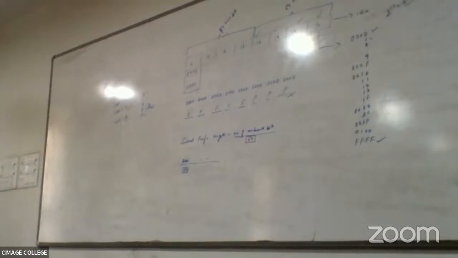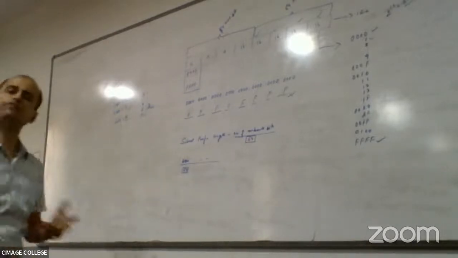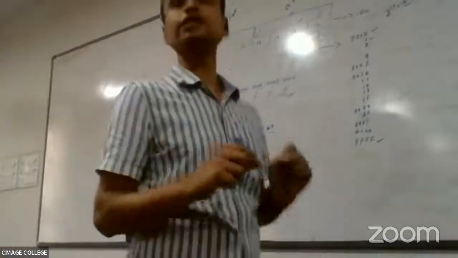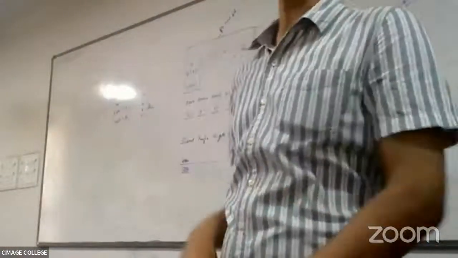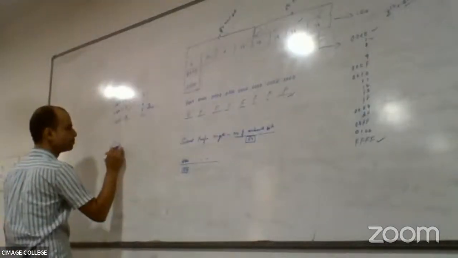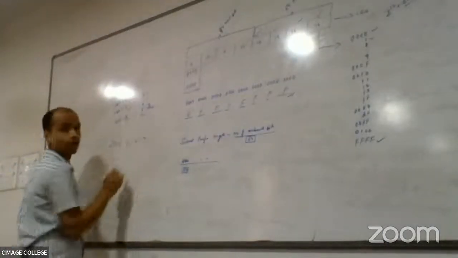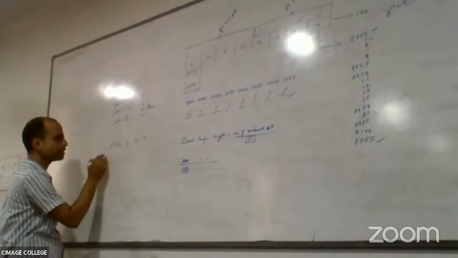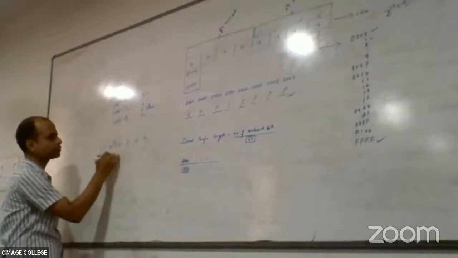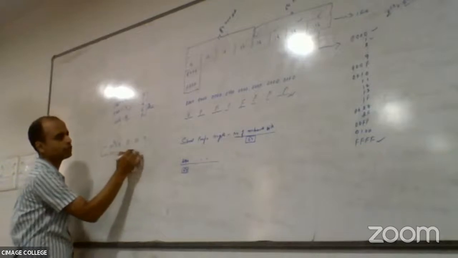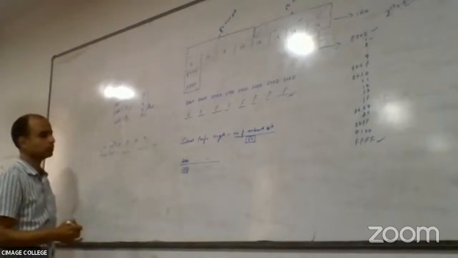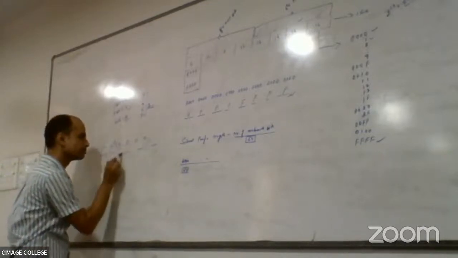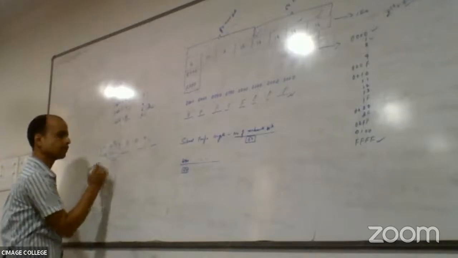In case of IPv4, in subnet mask, what have we seen? Suppose there is a class A, and in class A, the default subnet mask is 255. And when you convert it into binary, then 8 times 1, then 8 times 0, 8 times 0, 8 times 0. So how many ones? 8. Fine.